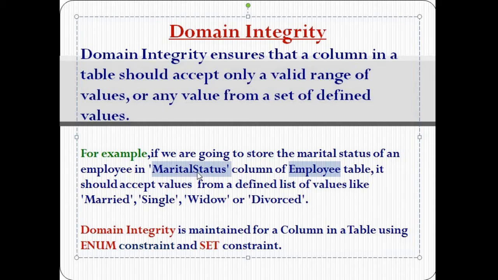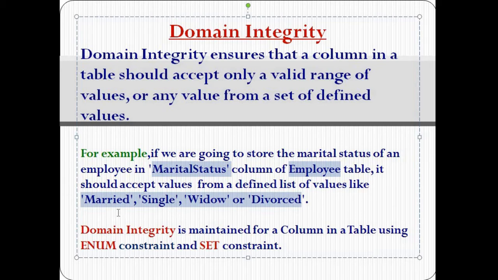Just consider the table name to be employee, and inside this table there exists a column named marital status. Now this column marital status has a domain to choose a possible list of values, and the domain consists of these values, that is married, single, widow or divorced. So this column marital status can only take these entries from the domain.